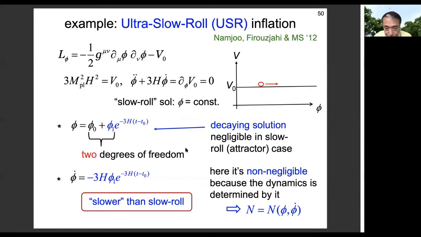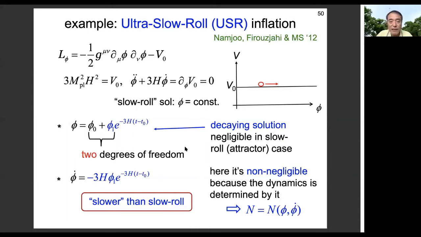So in some sense, you could say this is ultra slow, meaning slower than slow roll, but actually it's a bit misleading. In any case, the whole point is that you cannot ignore this decaying mode, which means that the number of e-folds, if you write it in terms of the scalar field, will not be just a function of phi, but a function of phi and phi dot.